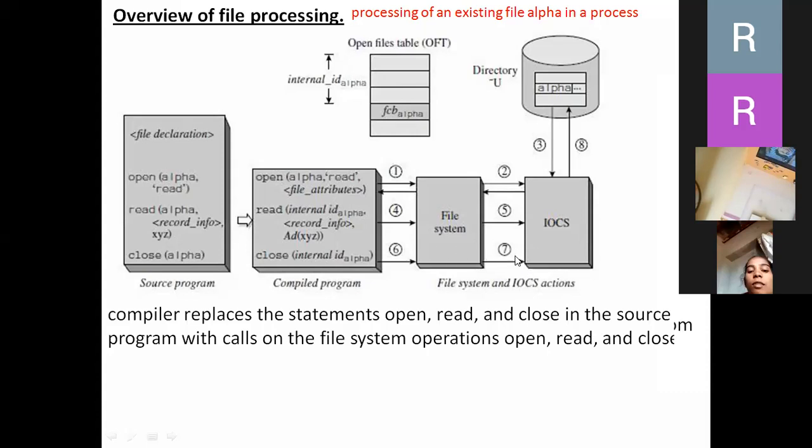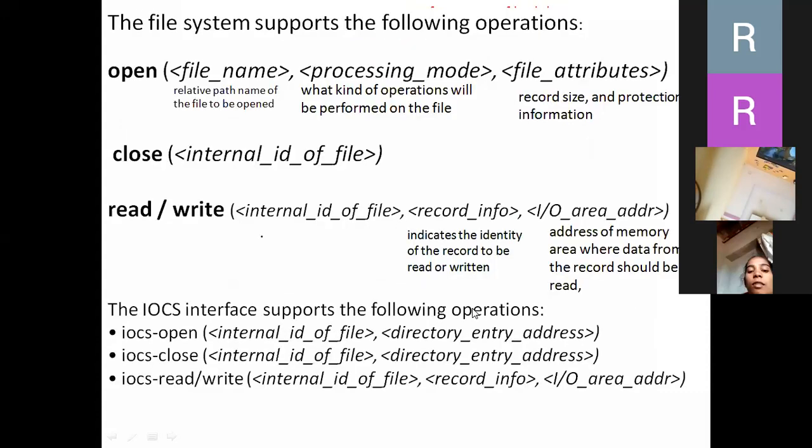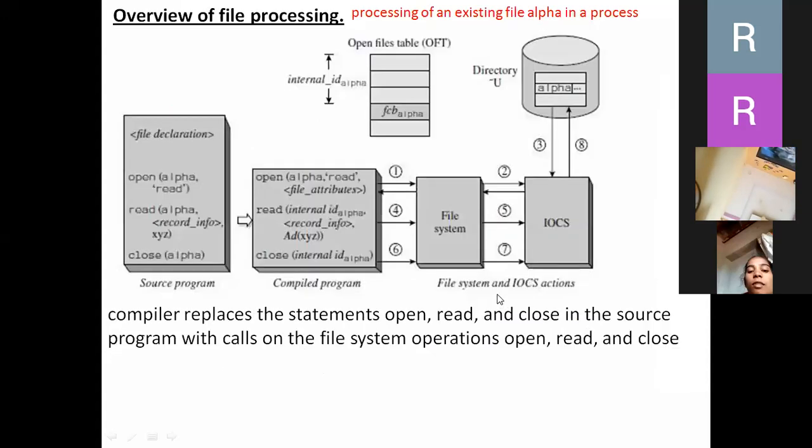Again, you can recall the syntax of IOCS close, having this particular format like we have seen earlier. IOCS close takes the internal ID of the file along with the directory entry address. So the same format or syntax is being used here, for the 7th step.